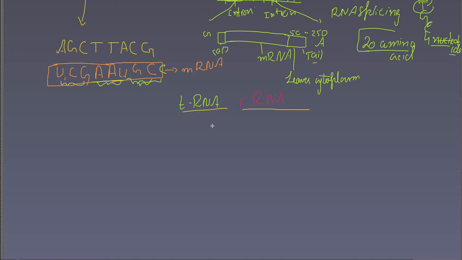So a tRNA molecule, just for the sake of simplification, has basically two regions: a binding site and the second part, which is called the anticodon.